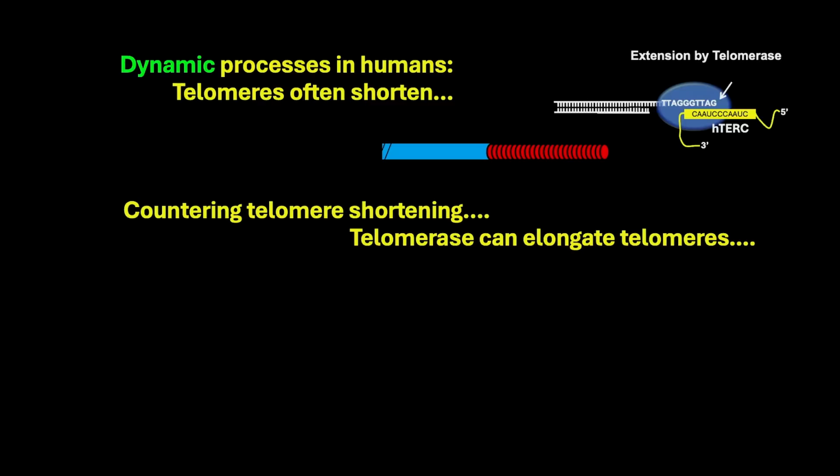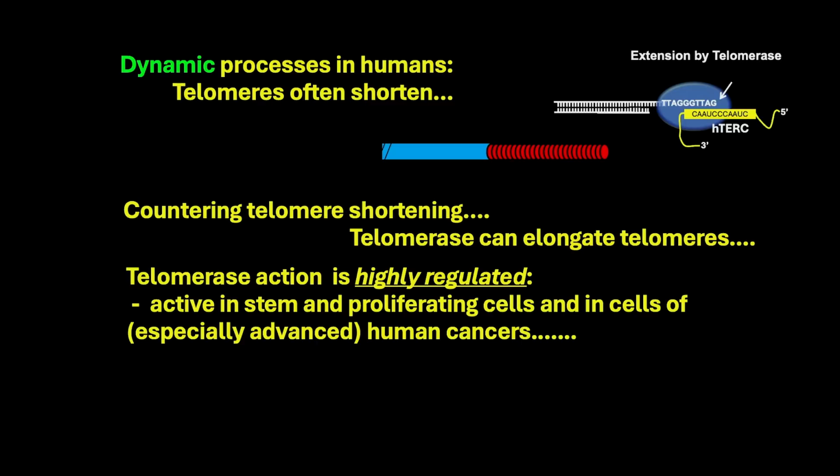And what happens in humans is that while telomerase indeed can elongate telomeres, it's a very, very highly regulated both enzyme and system of things at the telomeres that I'll allude to in a moment. And so the action of telomerase is highly, highly regulated at all kinds of levels, and one of them includes transcriptional or gene expression levels, and that's what I'll end up, well, part of my talk will be about that level of regulation.